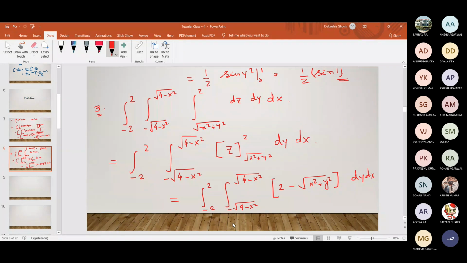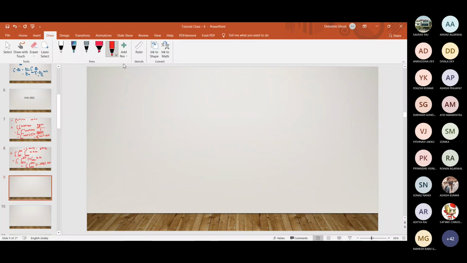Now for this one we are considering polar coordinates, that is x equals to r cos theta, y equals to r sin theta, so therefore x square plus y square comes to r square. This implies r equals to under root of x square plus y square.